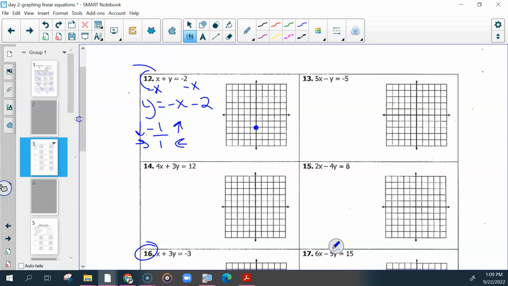So we can go up 1, left 1 as many times as possible. Or down 1, right 1 as many times as possible. Questions on that one?